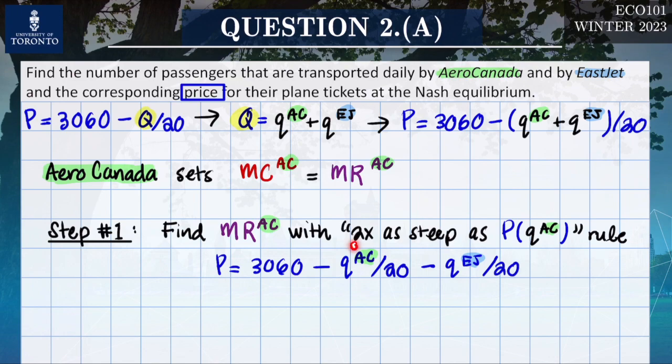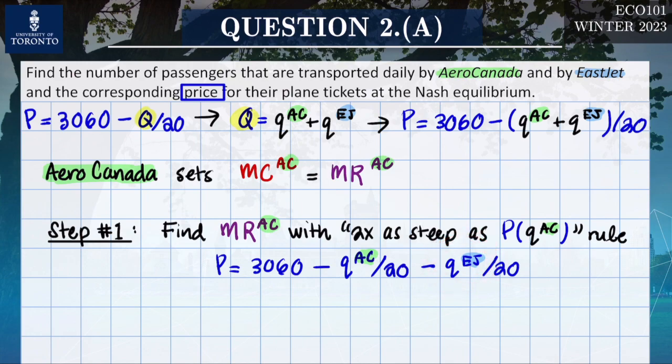So we are going to use the twice as steep rule as usual. But the important thing to understand here is that the only variable that Aero Canada can change is its own quantity. The other variable, the quantity that EasyJet produces, is not really something that Aero Canada controls. So we will treat this quantity as given.